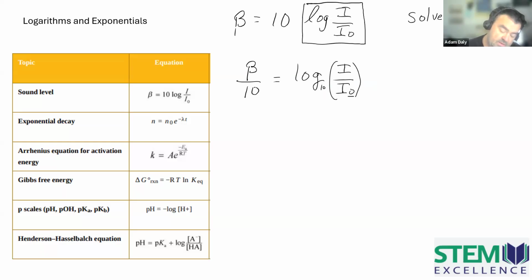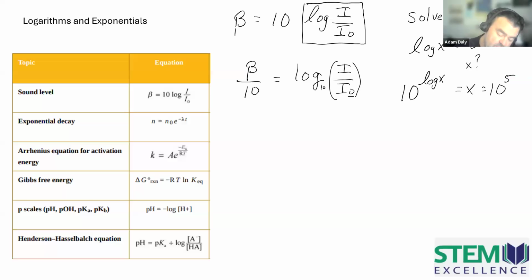What we're going to take advantage of is that if we have log of x equals 5, and what is x, then what we could do is go 10 to the log x equals x equals 10 to the 5.